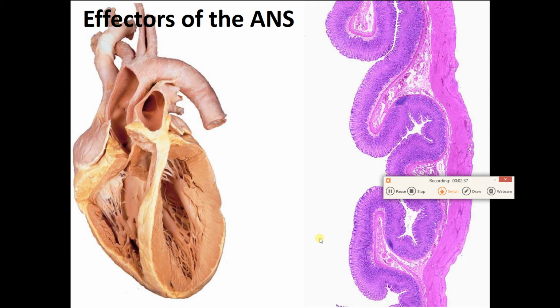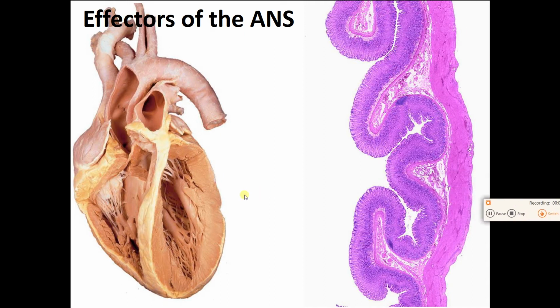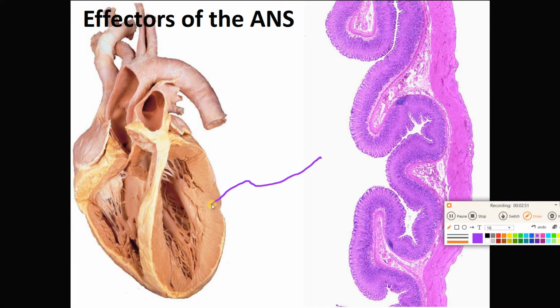All right, let's start initially by looking at some of those effectors. So we know the autonomic nervous system is going to have three effectors, and we see two of them here. We are going to see the cardiac muscle right here in the heart, as well as smooth muscle over here in the wall of the stomach. This is actually a microscopic view of the stomach over here.